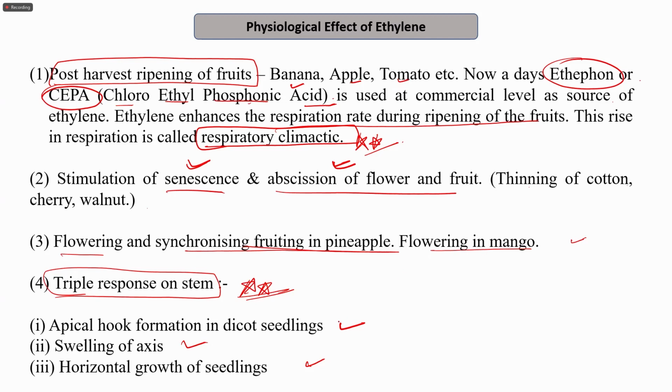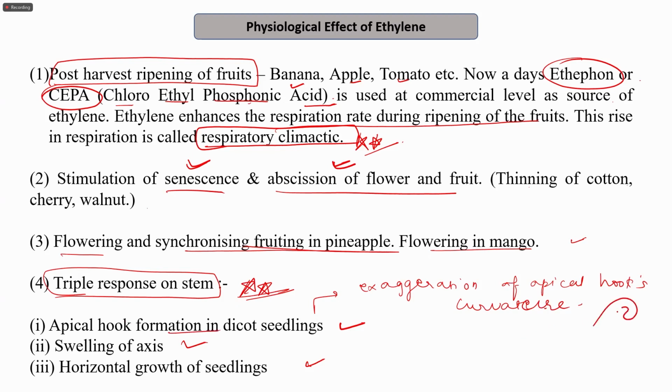So what is apical hook? It is an exaggeration of apical hook's curvature. It promotes that, it exaggerates that apical hook curvature. So apical hook formation, so it leads to the apical hook formation in dicot seedling.